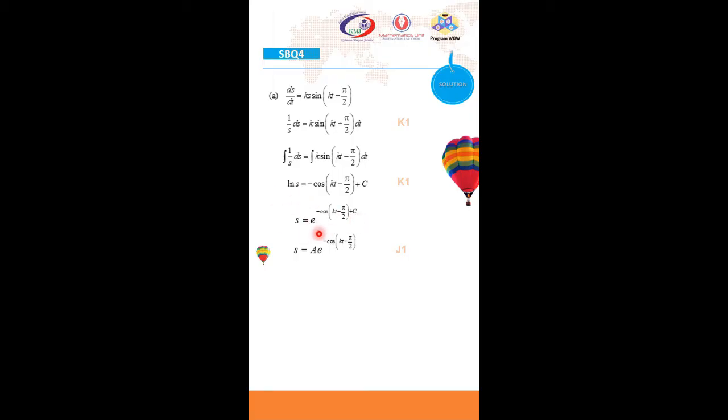So right hand side will be e to the power, and plus c here we let as A e to the power. So we got A e like this. So this is the final answer, J1. But again, I don't know where the k in front went, it's already missing.